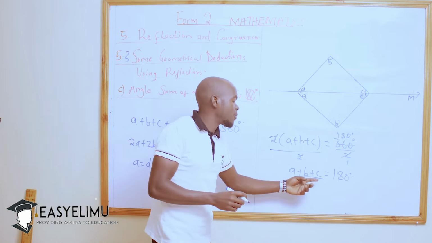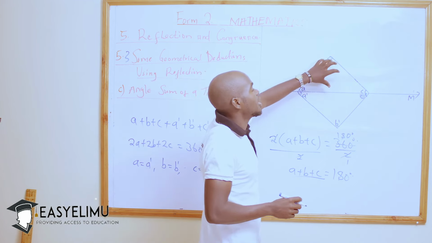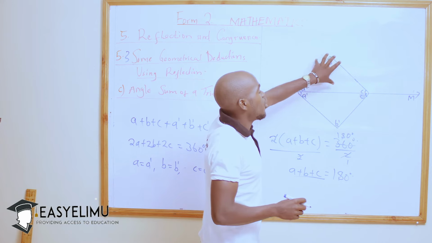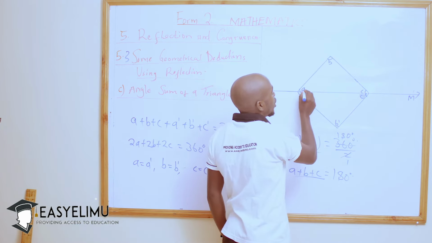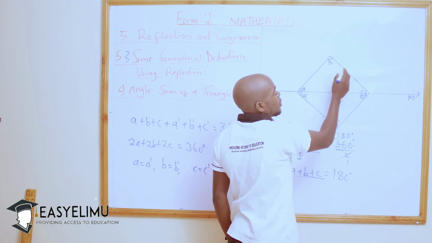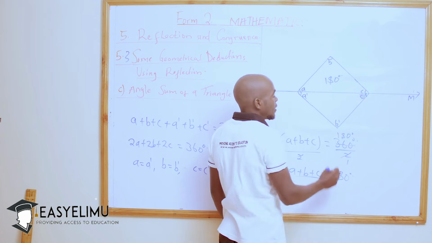And these are the corresponding angles of the given triangle, the object triangle. So if you take this angle, add it to this, and add it to this, this triangle will add up to 180 degrees.